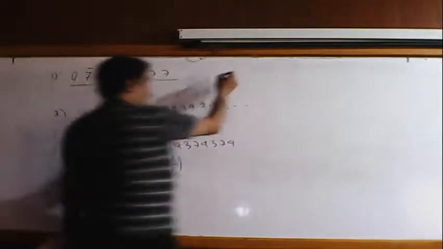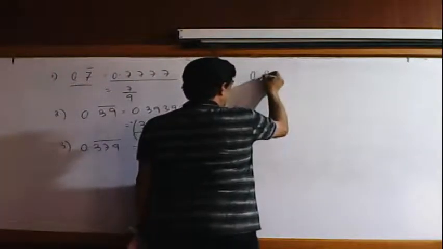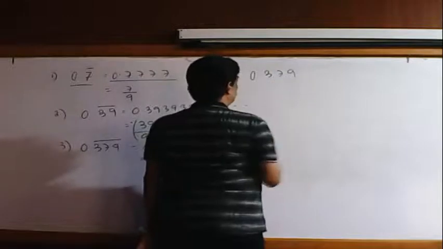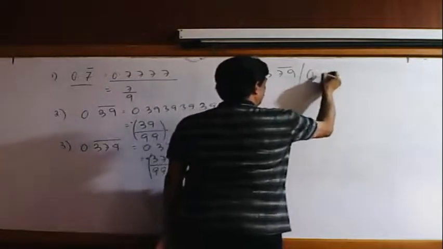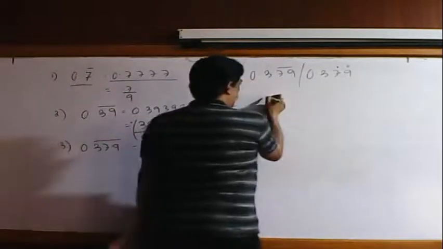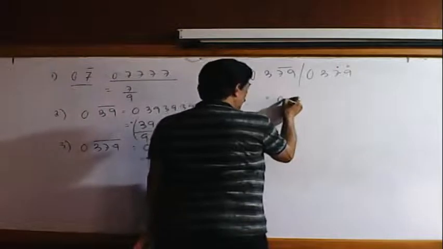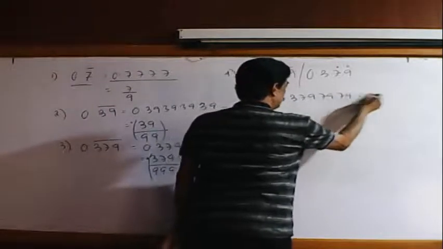Now, case 4. If they are giving 0.379 with the recurring on 79, ultimately your answer is 0.379, 79, 79 and so on.